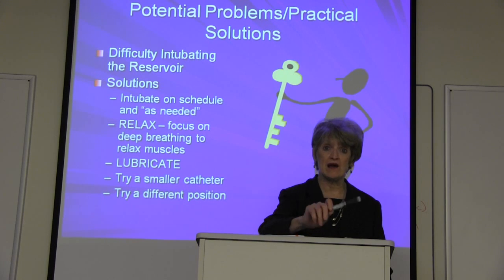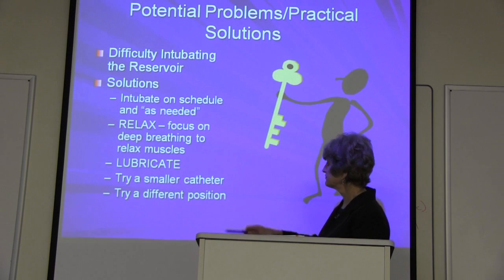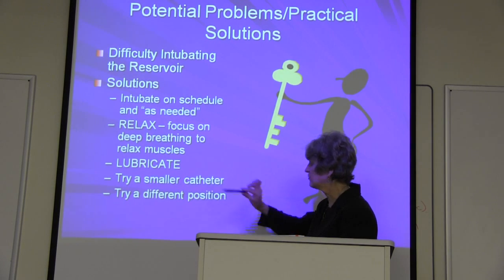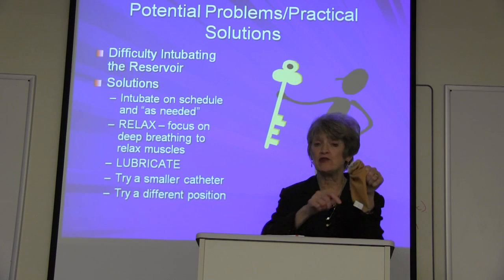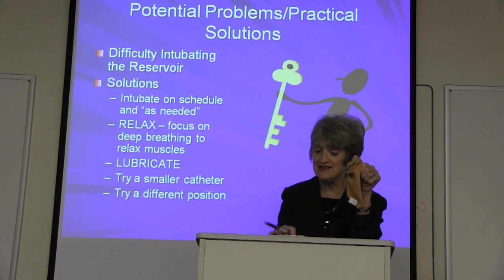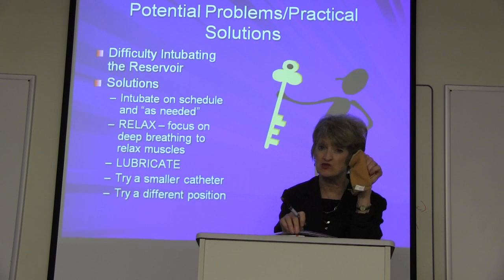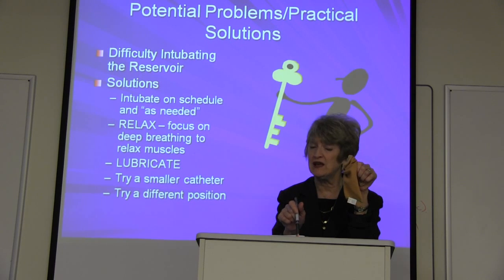Now let me point out the strategies that are most likely to be beneficial. Smaller catheter, different position. Smaller catheter because remember that a common reason for difficulty in passing this large catheter is a little bit of swelling in the passageway. So if I can't get a 34 in, can I get a 26?